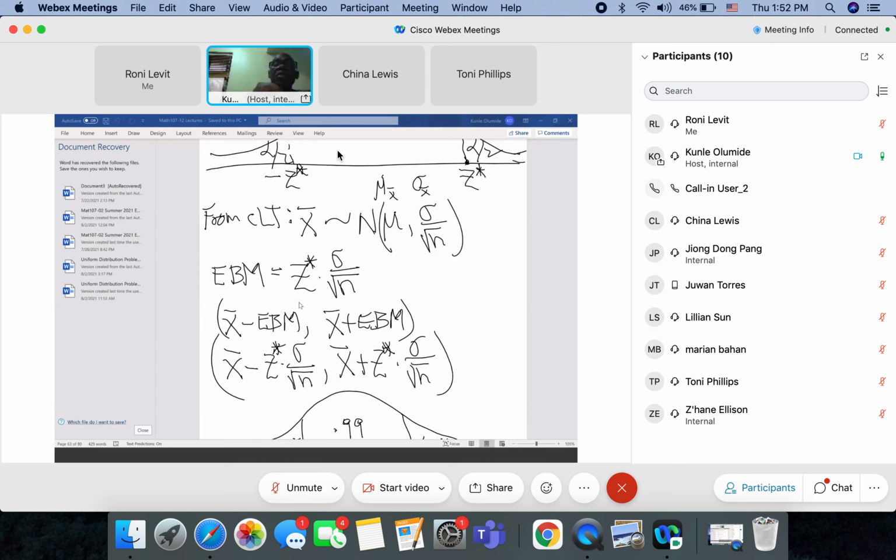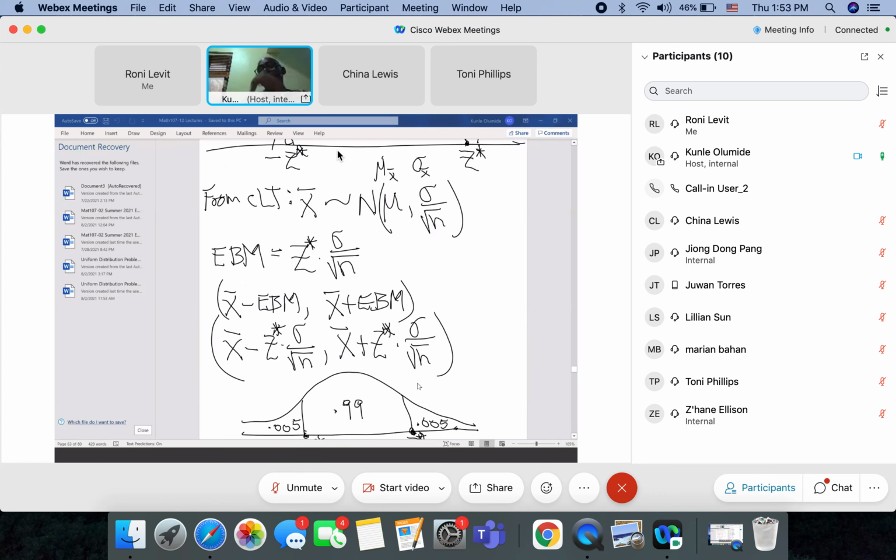If we replace EBM by that, the formula becomes x bar minus Z star times sigma over square root of n, and x bar plus Z star times sigma over square root of n. So you use this formula to calculate the confidence interval.